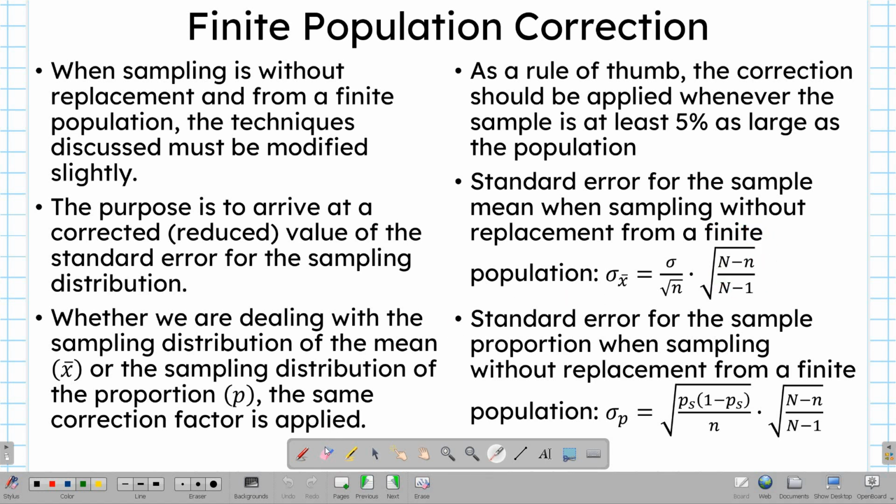It is applied when the sample size is at least 5% of our population, so it should be greater than or equal to 5% of our population. With that in mind, we do the correction in our standard errors. We multiply this factor to this one and to this one if this is followed.